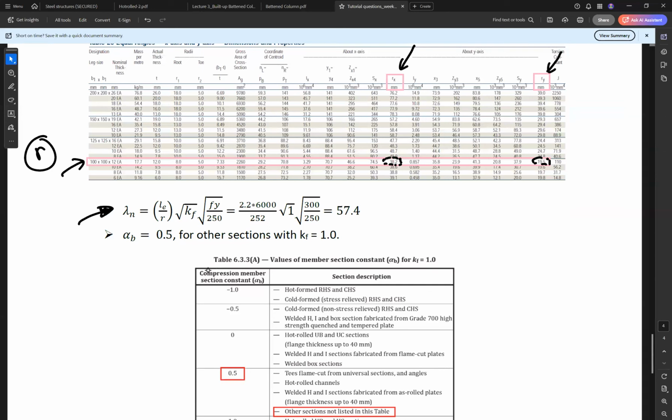So lambda n equals Le divided by r times kf times root of f yield over 250. So L effective is 2.2 times 6,000, r equals 252, and the form factor is 1. So we got lambda n for the member equal to 57.4.